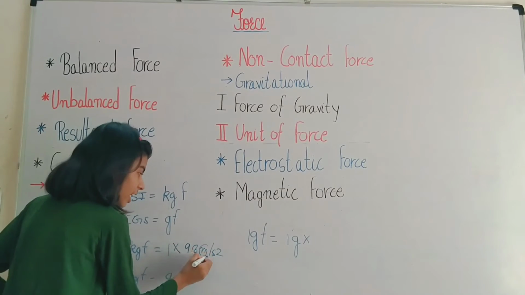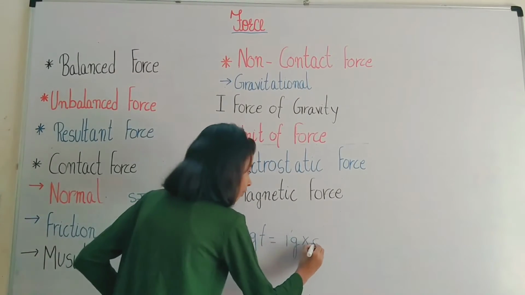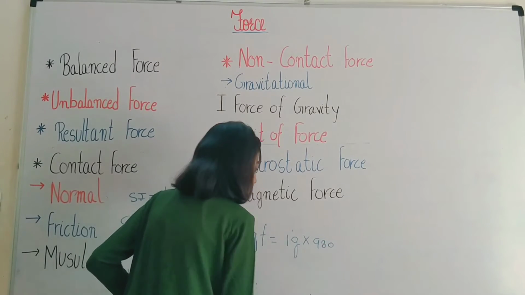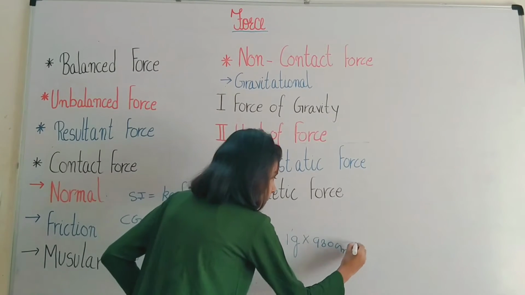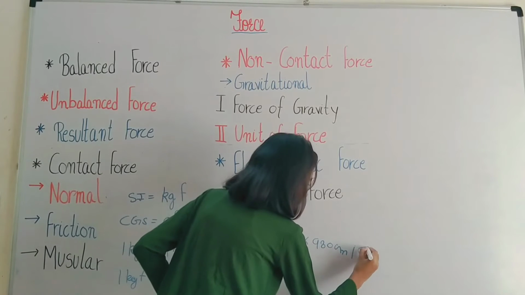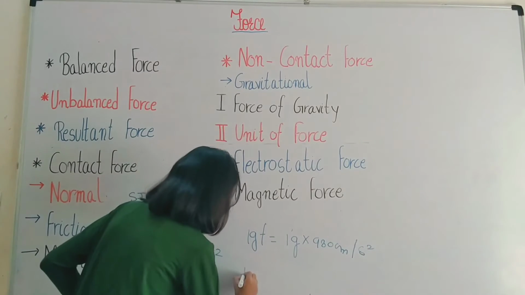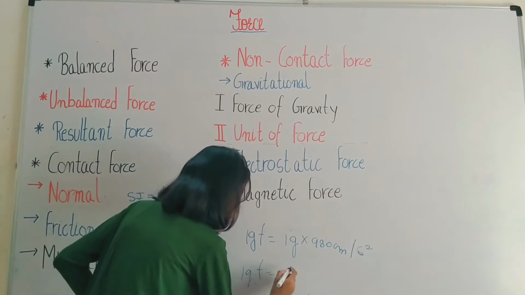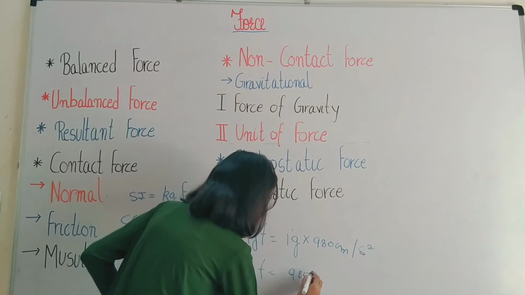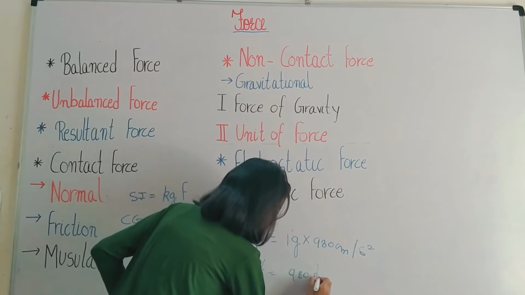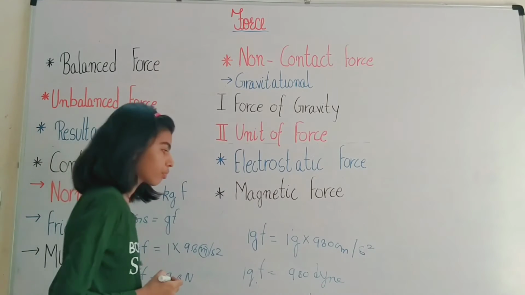If we convert it into centimeter, it will be 980 centimeter per second square. So 1 gram force is equal to 980 dyne.